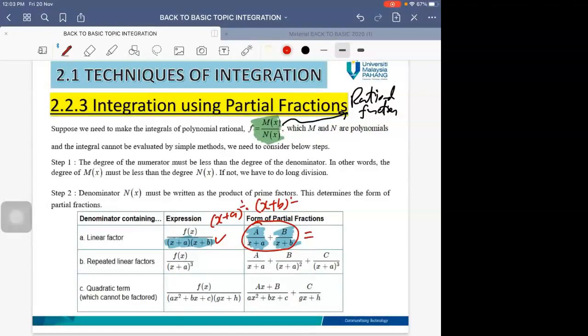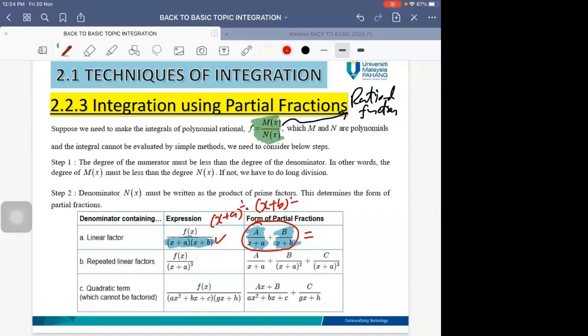When you present in partial fraction, you write the general form, you multiply the fractions, you expand and simplify your right hand side, you must get back what you have on your left hand side, especially the denominator.